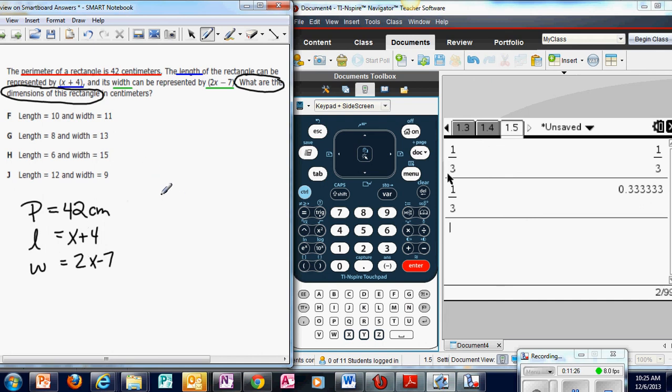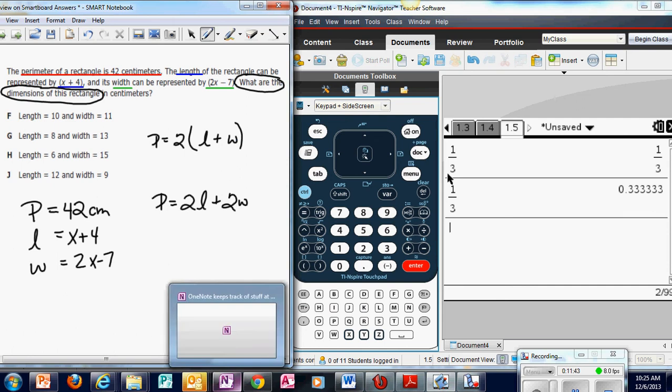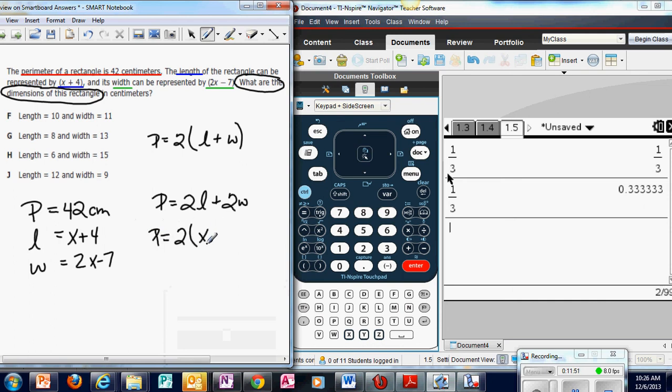Two formulas I can use. P equals 2L plus 2W. The other one you can use, which I'm not going to use, is P equals 2 parentheses length plus width. Okay, use whichever one you prefer. So, substitute in.